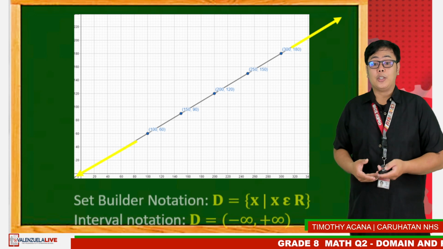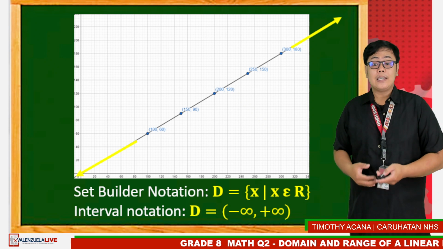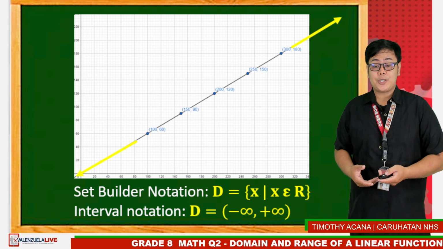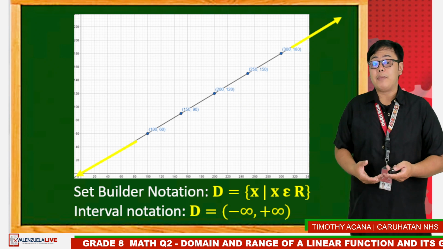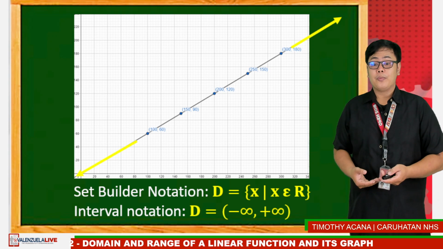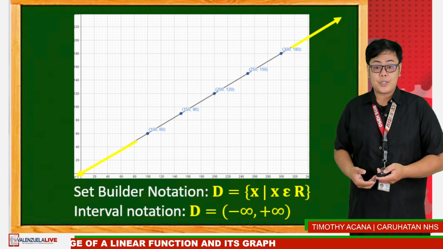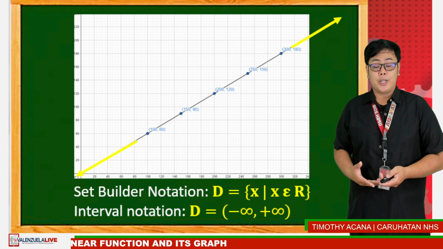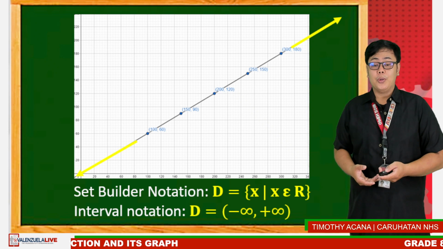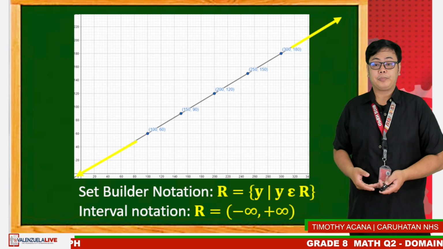Therefore, the domain is the set of real numbers. In set builder notation, we have D = {x | x ∈ ℝ}, or in interval notation, D = (−∞, +∞).